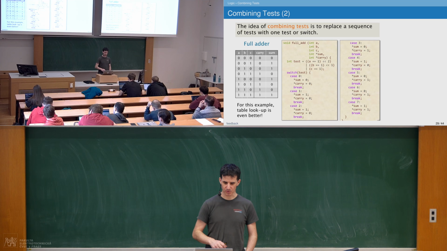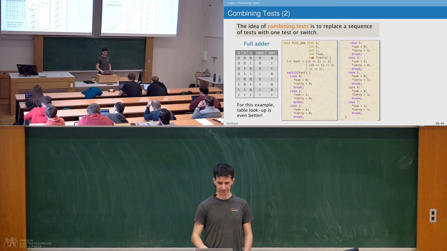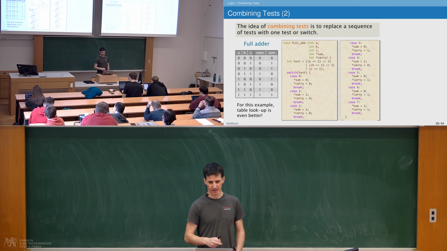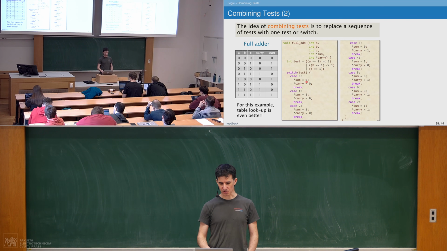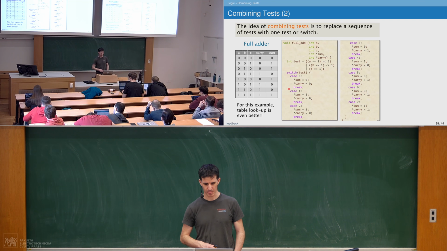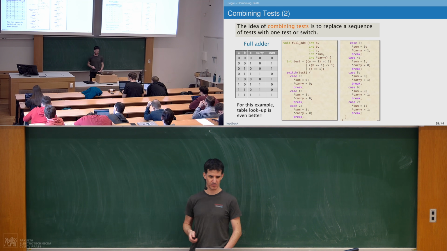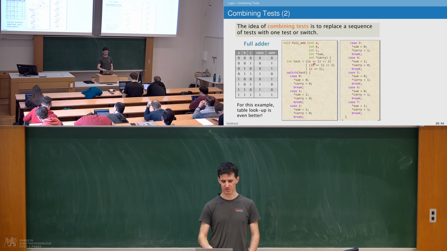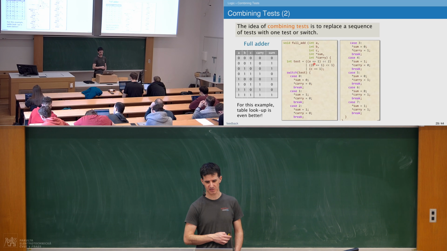So what you can do, you can calculate the row in this table, and depending on that row, you can just quickly return the result based on the row number in the table. This can be sometimes faster, sometimes not, depending on how expensive this calculation is.